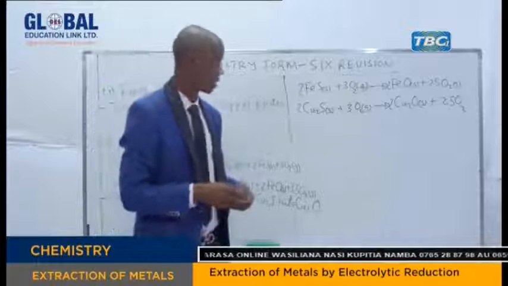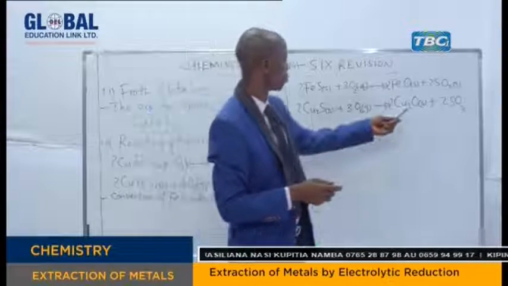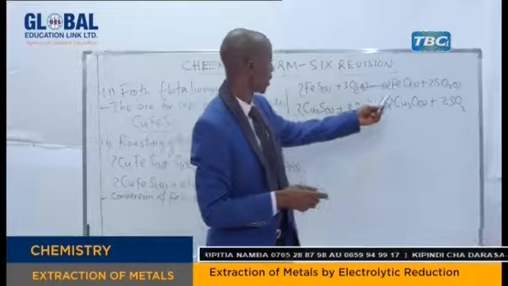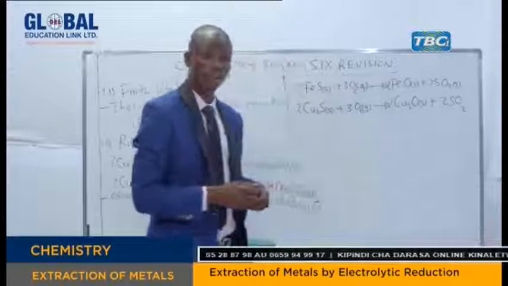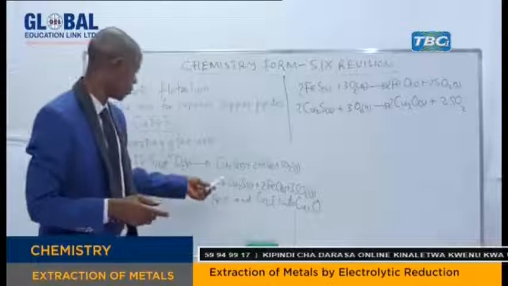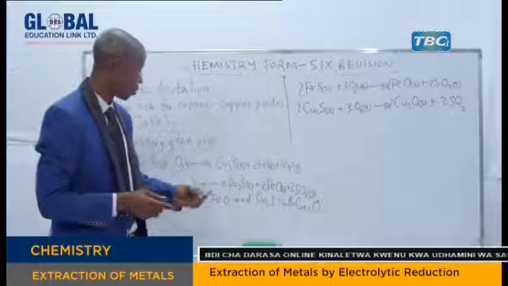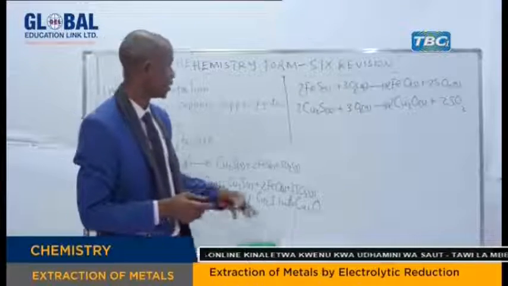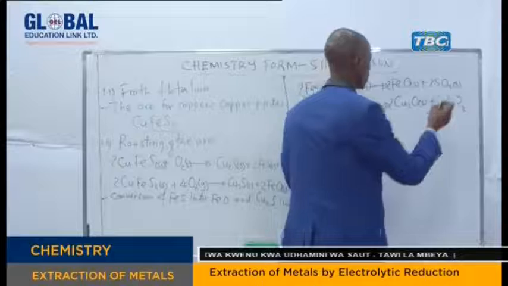So my dear student, you can see, here we have copper 1 oxide, we have iron 2 oxide, and we have some of the unreacted copper 1 sulfide. These will go to gas. These are gases.